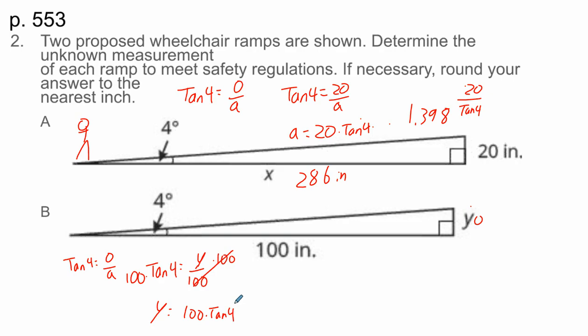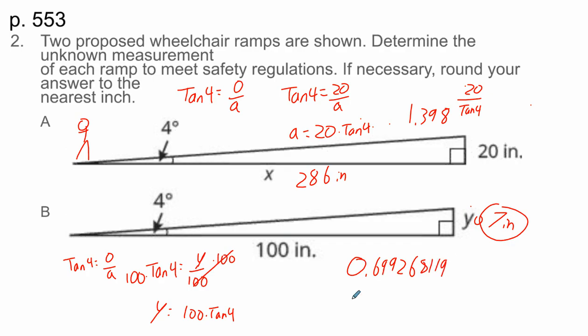Put that in the calculator. Remember, tangent of 4 is a number. And that's going to give me 6.99. So I'm going to say that's 7 inches for y. Now it's important that I don't just type in tangent of 4. Tangent of 4 is 0.699268119.